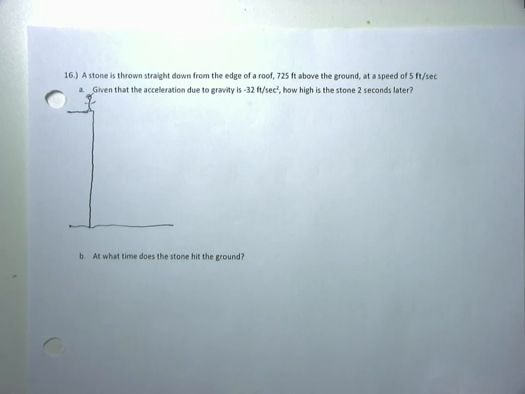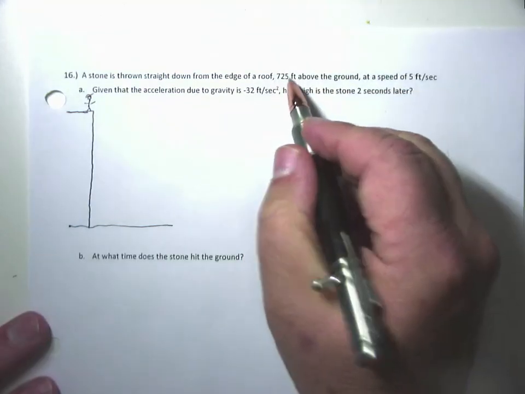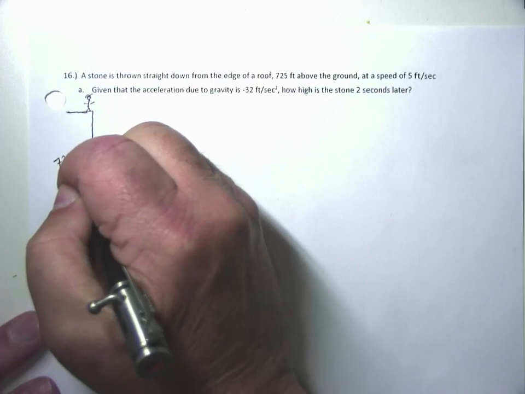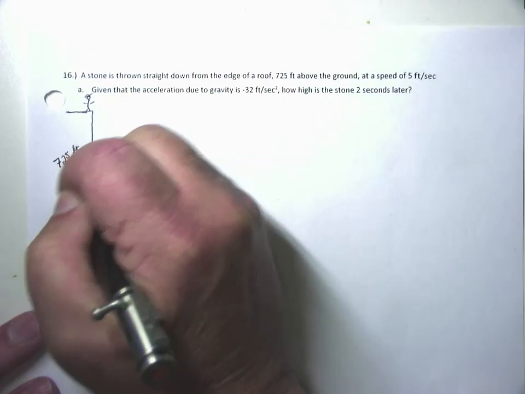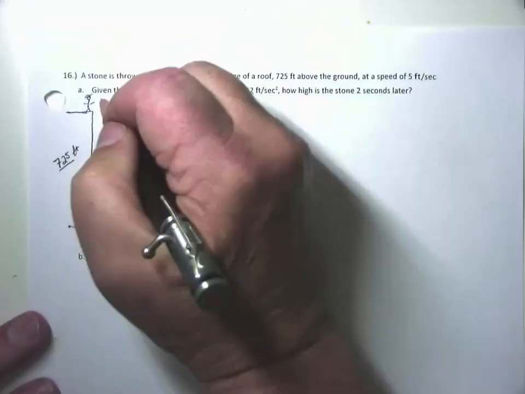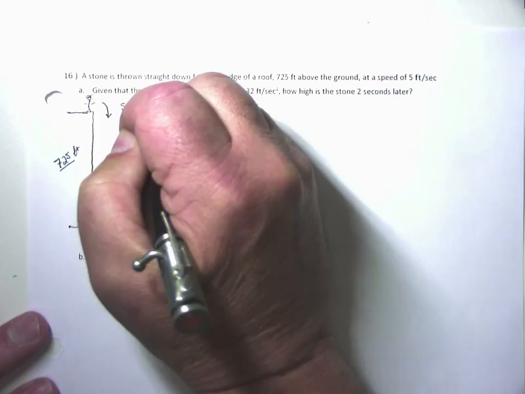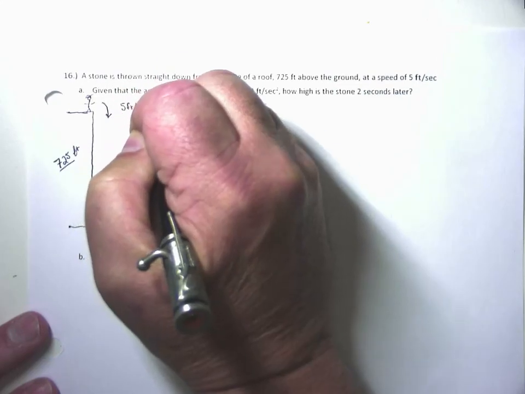I have no idea why, but we're on top of a roof, and we're throwing stones straight down. All right. The roof is 725 feet up in the air, and we initially throw the stone straight down at 5 feet per second.